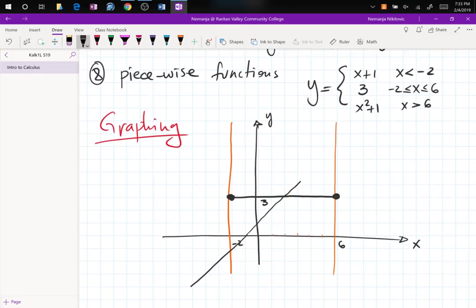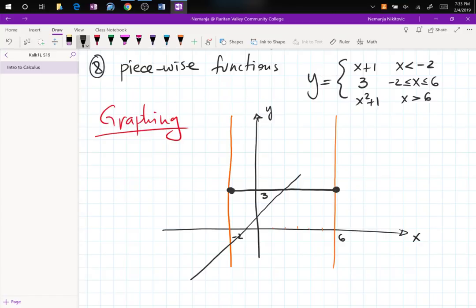There we go, much better. So I'm not allowed to have this part here, none of this, because that's where the 3 lives. So I am only allowed to have this part of the function. That's it. The rest has to go. Bye-bye.